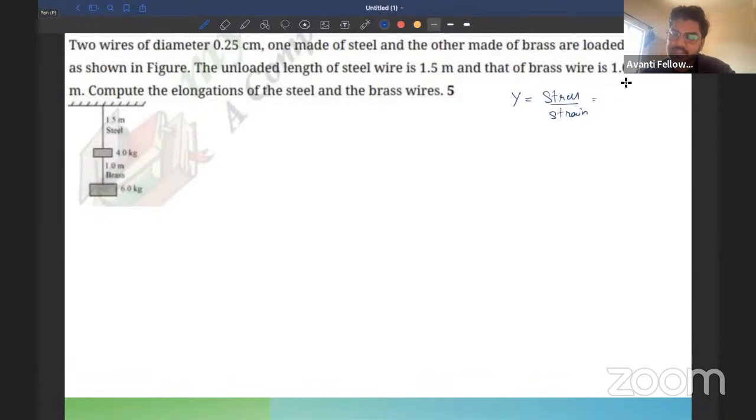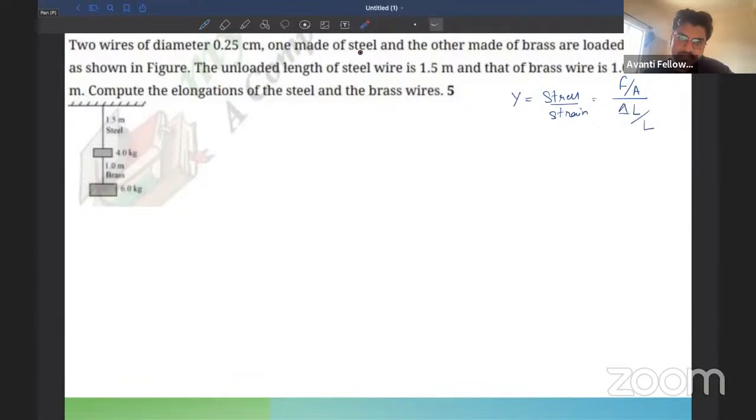Okay, stress is force applied per unit area, divided by what is strain? Strain is when you apply the force, the length will change, right? When you pull something, length is definitely changing. So what is that change in length? Delta L upon what was the initial length, that is L. So this is basically Young's modulus.